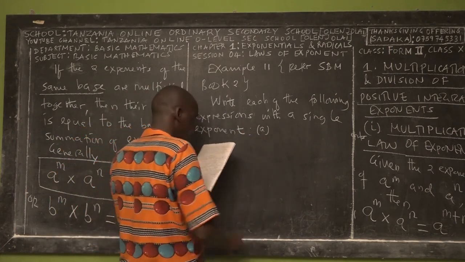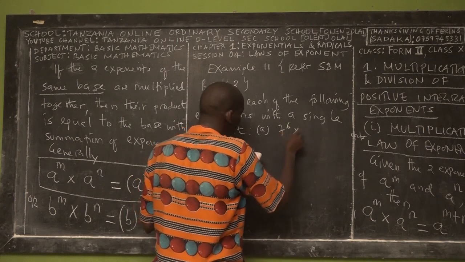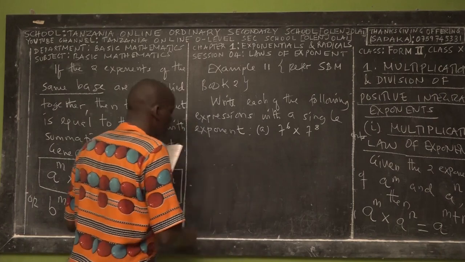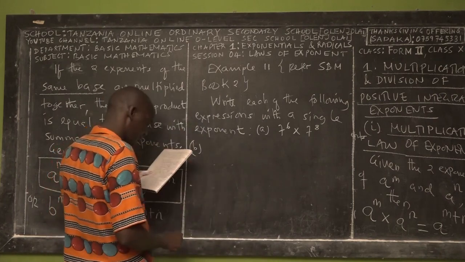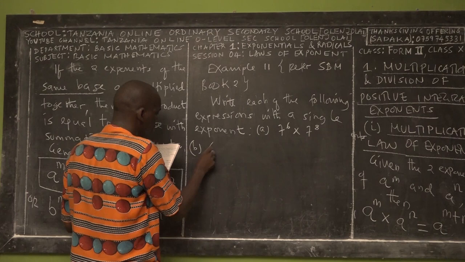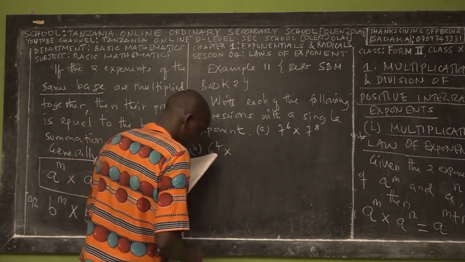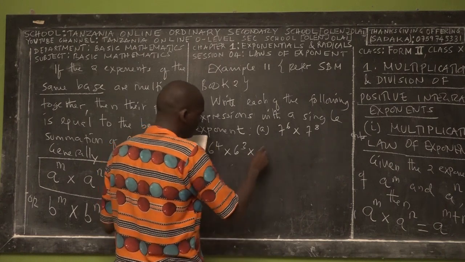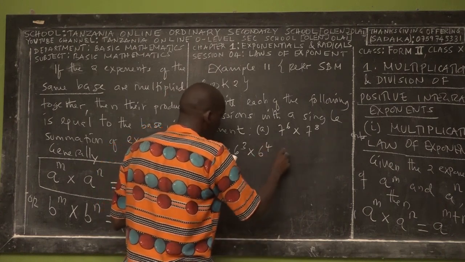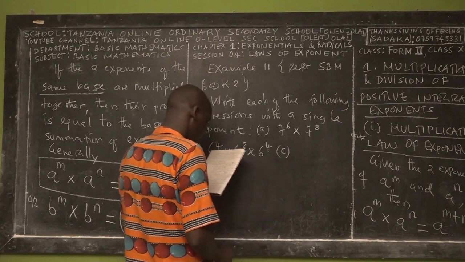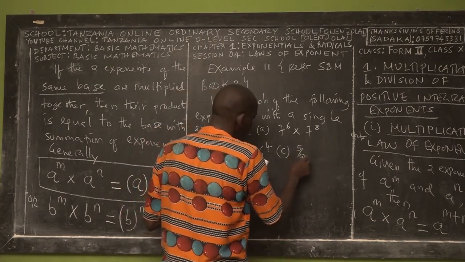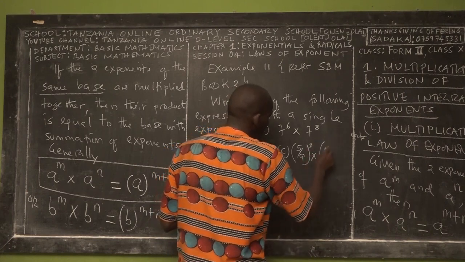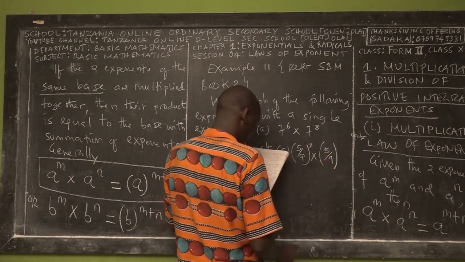A. You have 7 power 6 times 7 power 8. B. You have 6 power 4 times 6 power 3 times 6 power 4. C. You have 5 over 9 power 3 times 5 over 9 power 4.